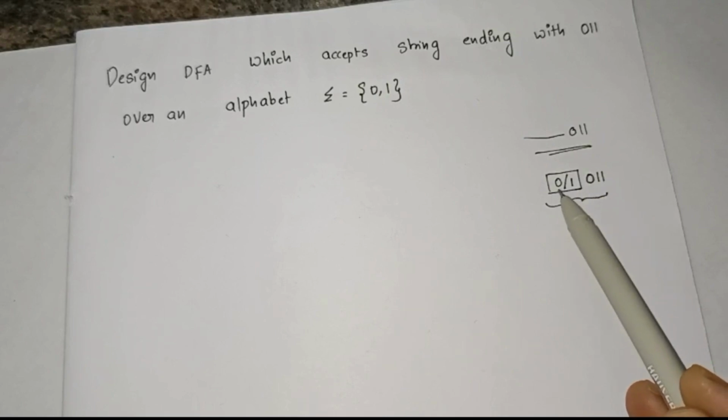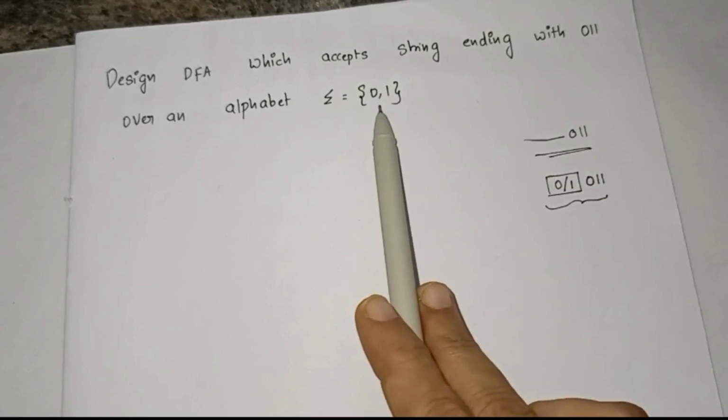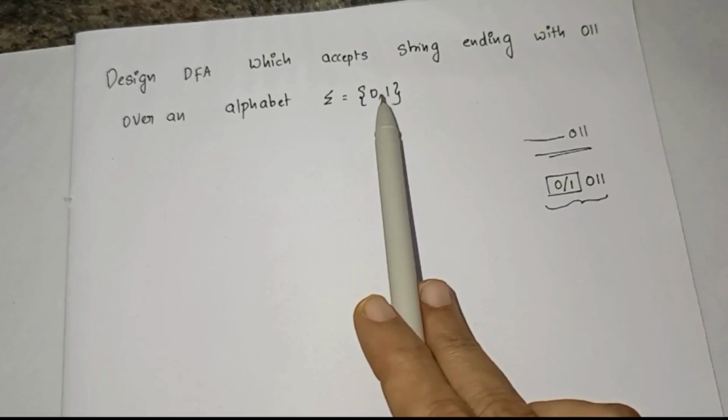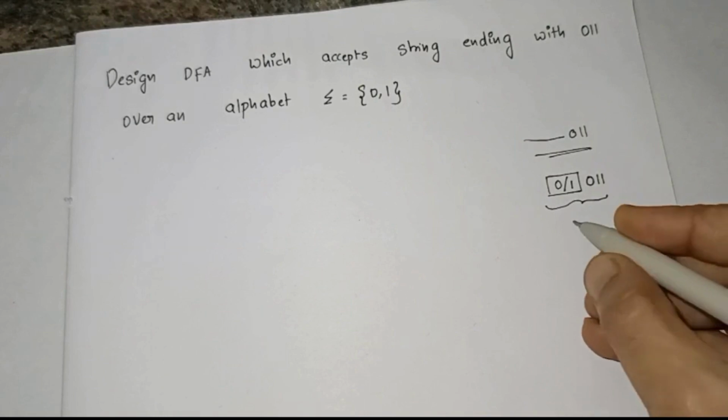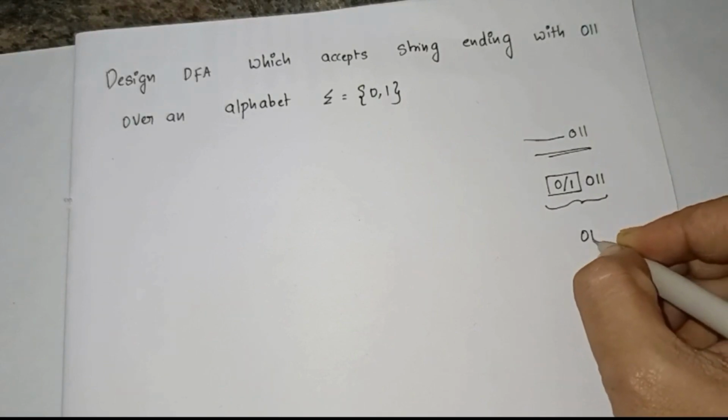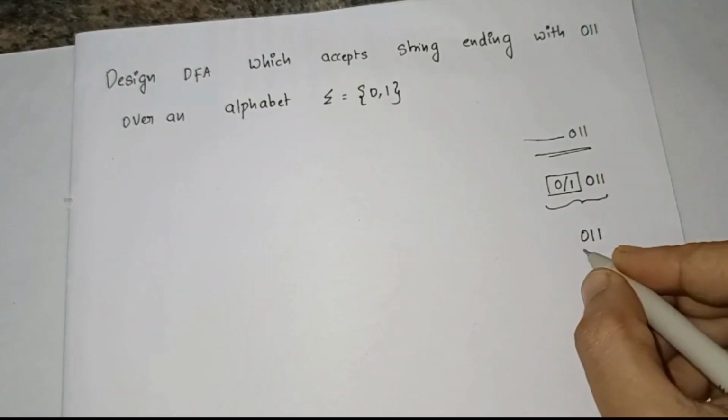Before that, we can have any number of zeros or ones according to the given alphabet, sigma equals 0, 1. So the basic string we will get is 0, 1, 1. This is the basic string.